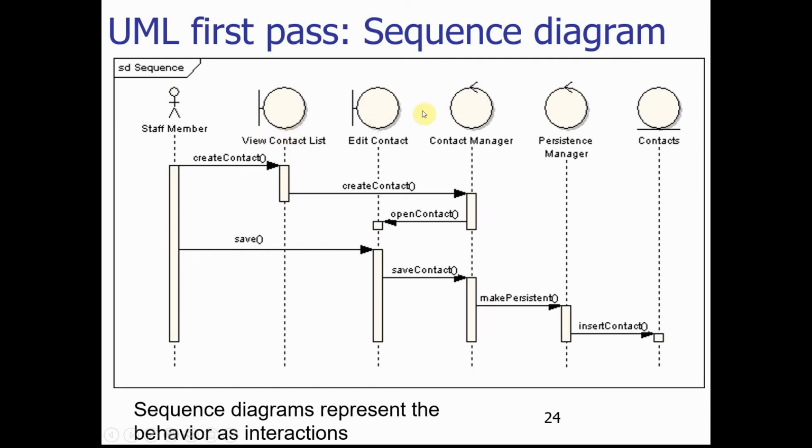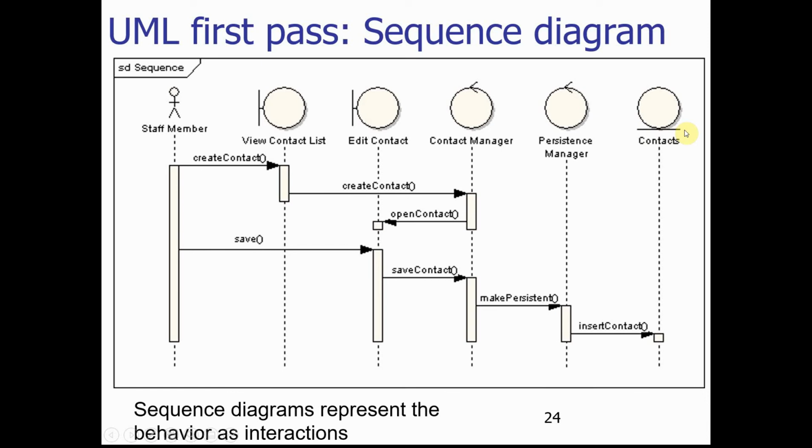So in here the objects have a different look, and this shows that there are different kinds of objects. The object with a vertical line, we call this a boundary object, and this one we call a control object, and the one with a horizontal line is an entity object.